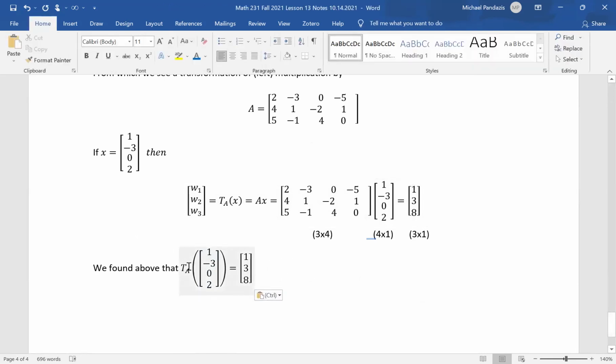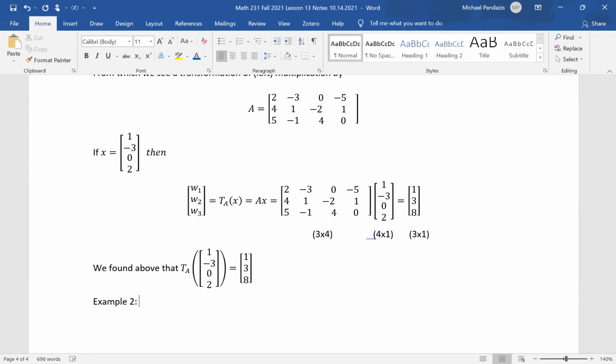So for our T sub A matrix transformation, when we input this vector, we got that vector as output. Notice that the input and output vectors don't have to be the same size. The size change is determined by the size of the matrix A that you left multiplied by. So that's example 1.